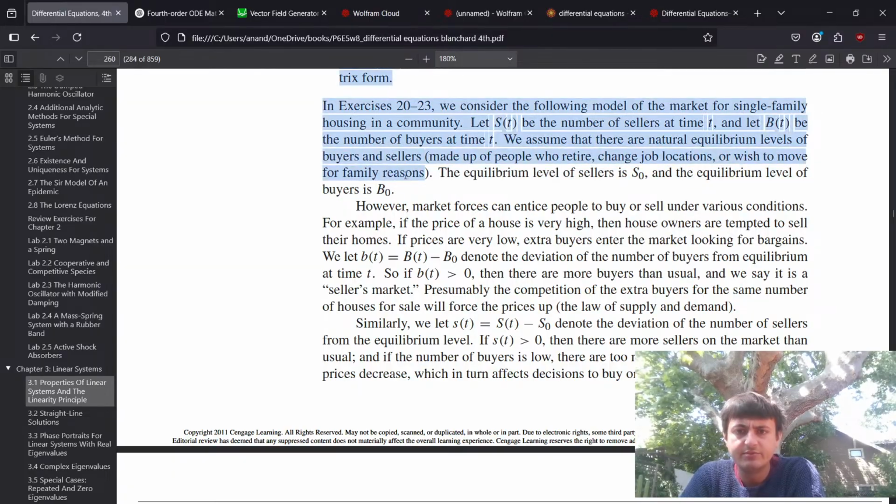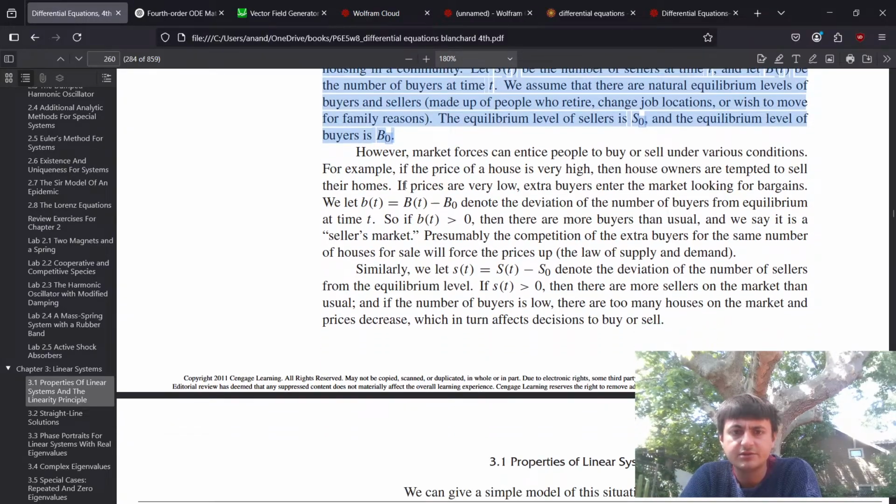The equilibrium level of sellers and the equilibrium level of buyers. However, market forces can entice people to buy or sell under various conditions. For example, if the price of a house is very high, then house owners are tempted to sell their homes. If prices are very low, extra buyers enter the market looking for bargains.